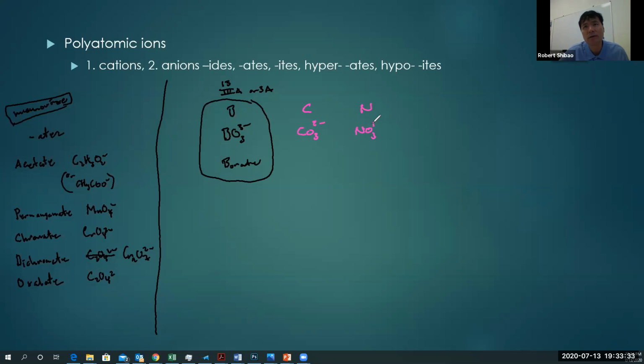And actually, we don't usually write 1-, we just write minus. And so that's just by convention, that's a rule here. So this is NO3- here. And so it goes 3, 2, 1, and we don't go below 1. And so there's no such thing as oxate. So this is a carbonate.